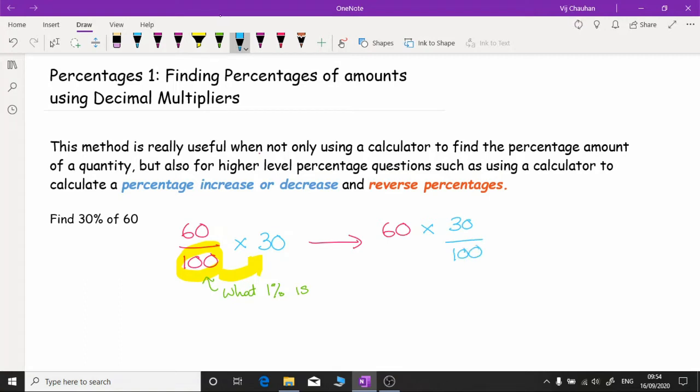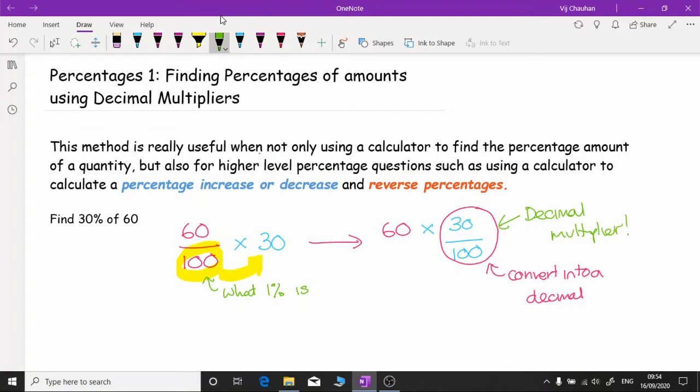What this decimal multiplier actually is, is converting this part into a decimal, and that gives us our decimal multiplier.